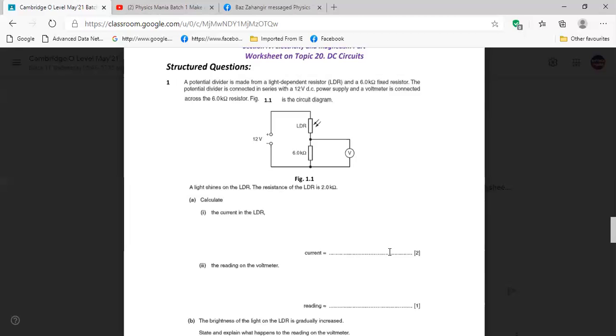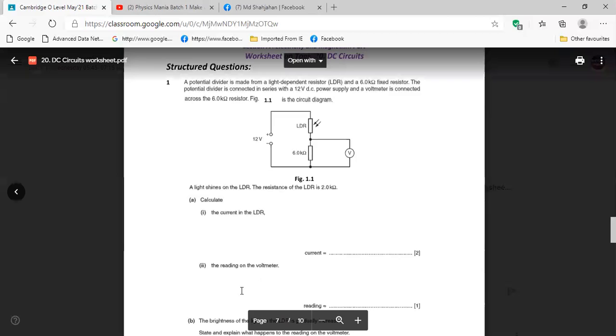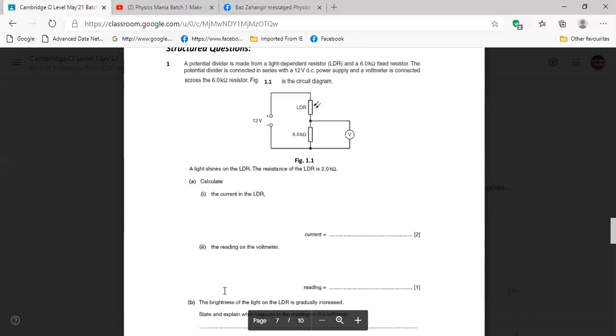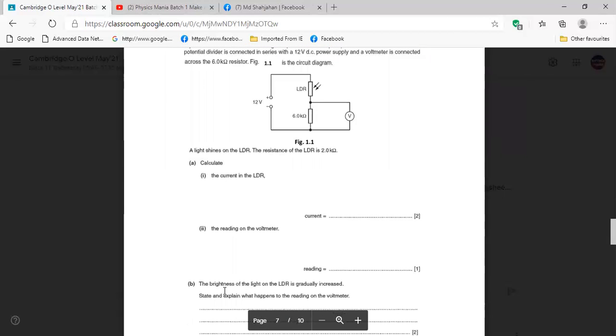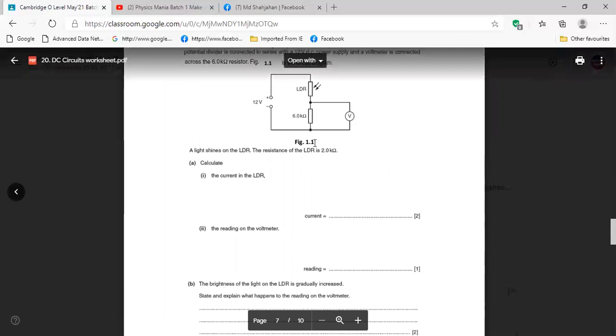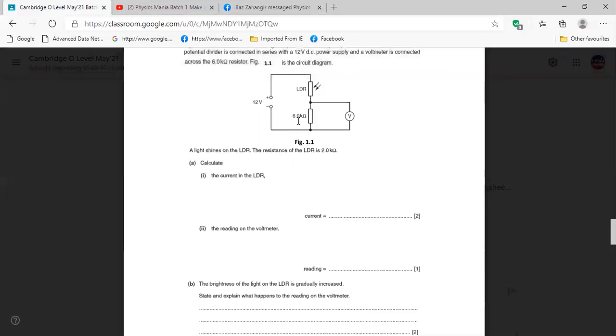9 volt. I didn't convert the kilo, I just used the values 6 and 2. Yes, very good. Got it now? So is it 9 volt? You got it here, volt? 6 kilo ohm, right?